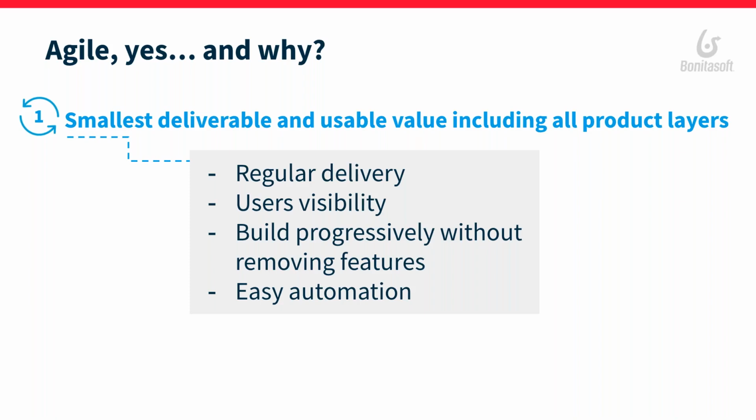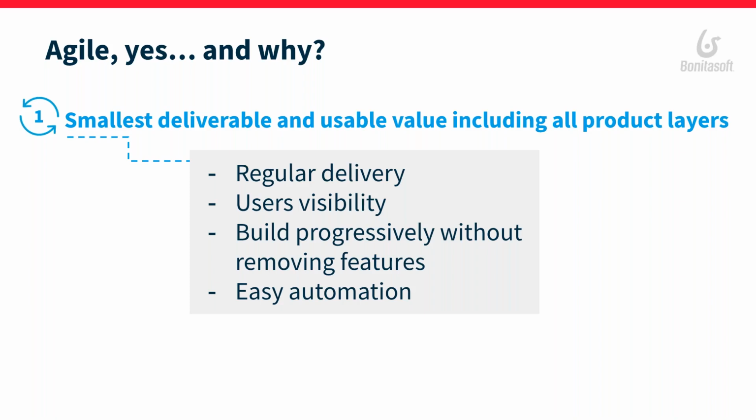Why? Because then you will have regular delivery. For example, you can decide to deliver every 2 or 3 weeks to the set of users that are working in your project. You will give users visibility.